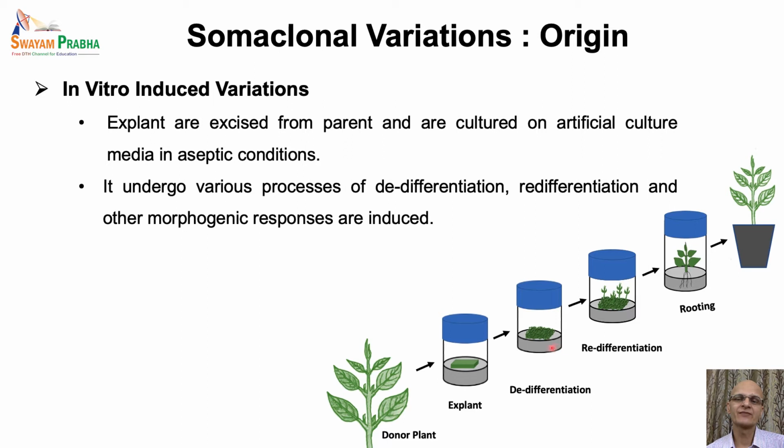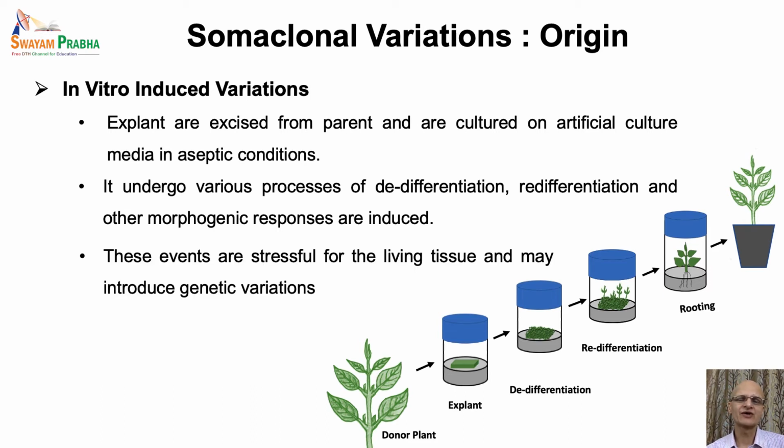Once enough callus tissue is formed, it is induced for morphogenetic responses, that is, organogenesis. Then the shoots of suitable size are excised and transferred onto the rooting medium. After the roots develop from these shoots, the plantlets will be ready for transfer to the soil for hardening.